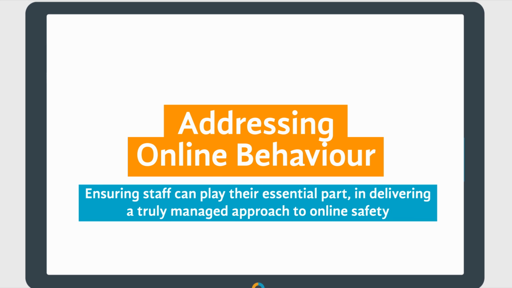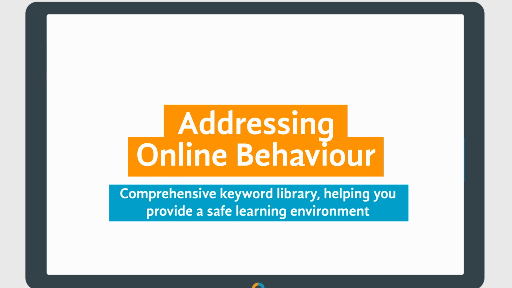In line with the expectations of school inspectorates such as Ofsted and ISI, we ensure that teaching staff can play their essential part in delivering a truly managed approach to online safety. Education Pro includes a comprehensive keyword library of over 4,000 terms, helping you to provide a safe learning environment to users of digital devices and ensuring that staff can fulfil their duty of care in relation to online safety.